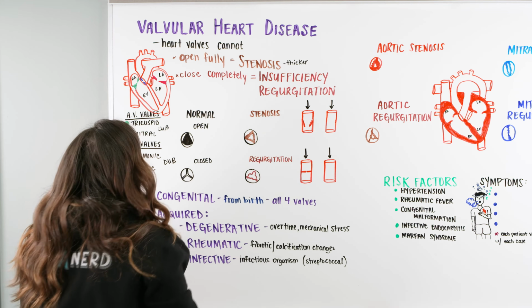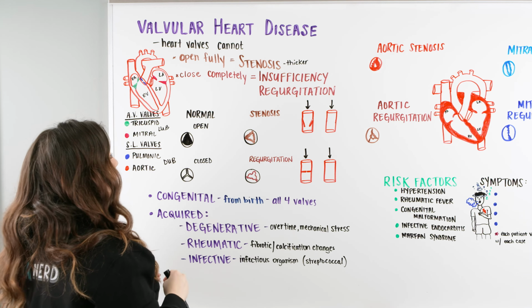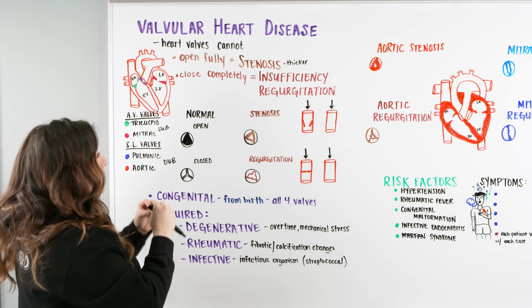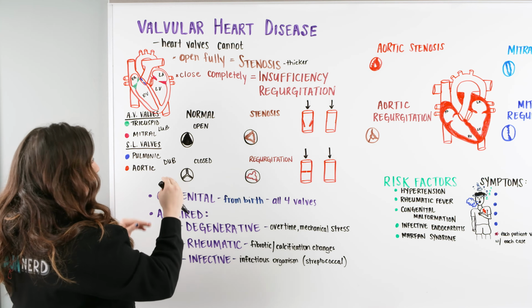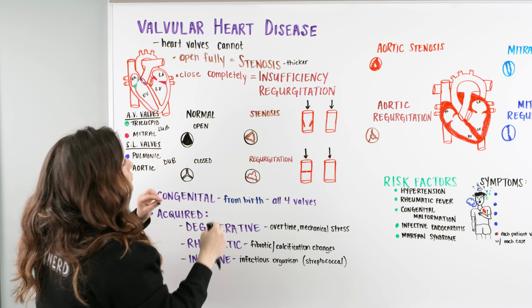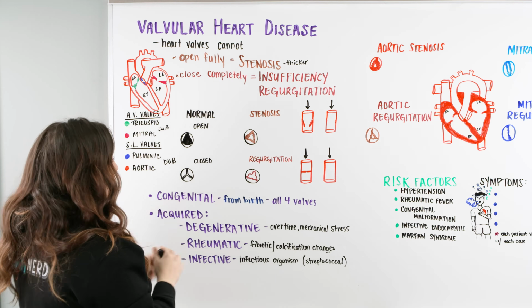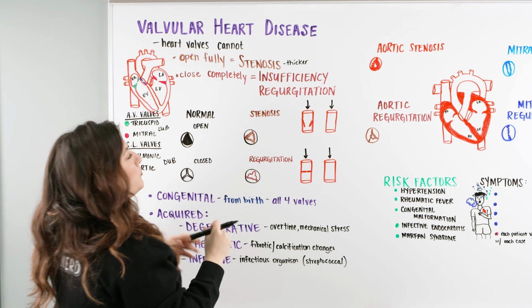Then we also have the problem with closing. The valves are meant to close, but either they're not meeting up anymore, so they're leaving an opening, or they're having some problem getting to the closed position. When they can't close, we call that an insufficiency or regurgitation. These two words in the medical field are synonymous, but not exactly the same. When you see them on the NCLEX, they're pretty much talking about the same thing.